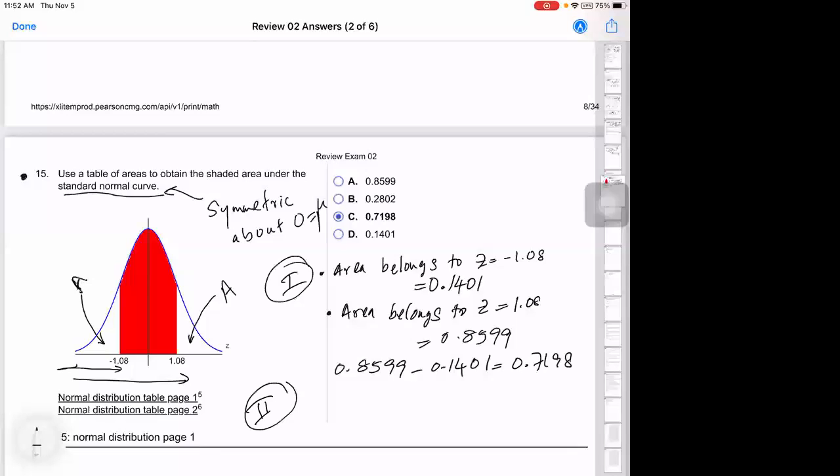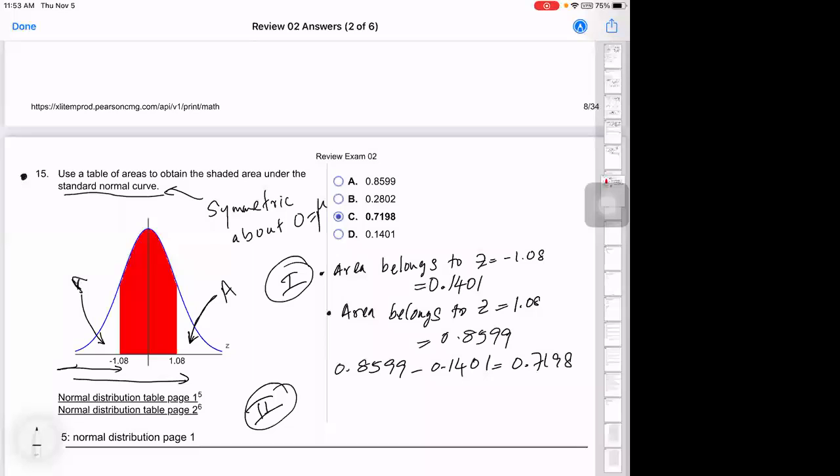Technique 2 is taking advantage of this symmetry. Since this is symmetric, I told you the area which belongs to Z negative 1.08 equals this area, the area to the right of 1.08.